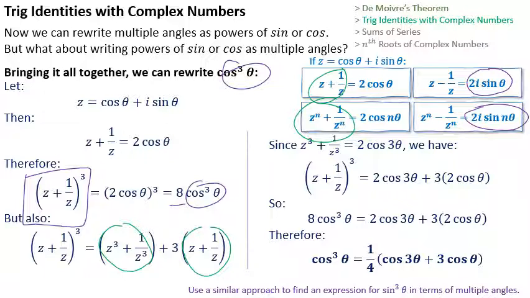You could have a go at doing the same kind of thing for sine cubed theta. You'll need to start with z minus 1 over z and cube that, but the process should feel pretty similar. Once you group things, you look at these 4 results that we've got in the blue boxes, and you should be able to construct for yourself an expression for sine cubed theta.